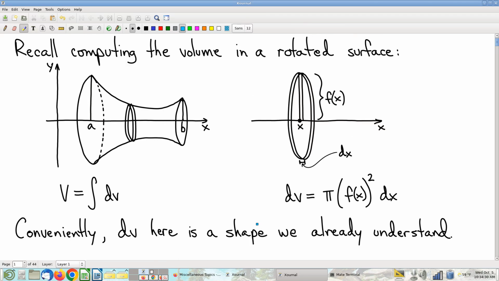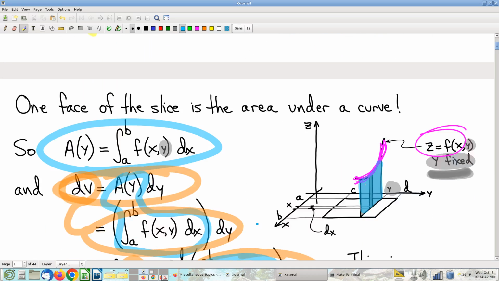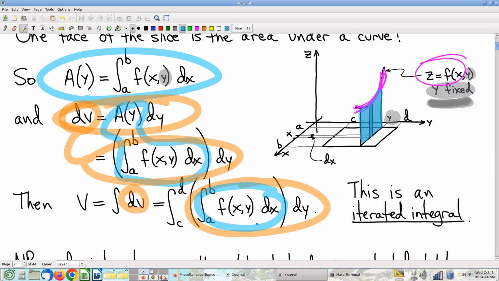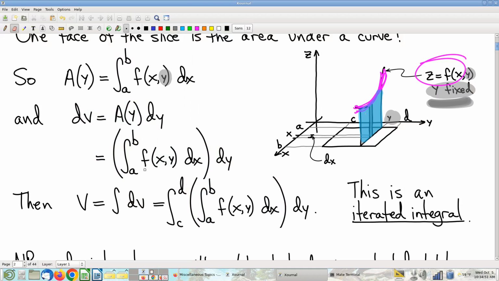Volume is an integral of area, but instead of saying area is garden variety, known high school geometry form, now we just have to say that area itself is also an integral, and thus an integral of an integral. So because it's an integral of an integral, we call this term here an iterated integral.